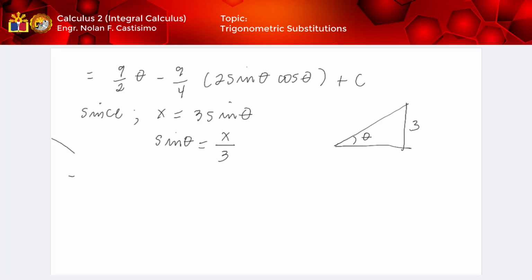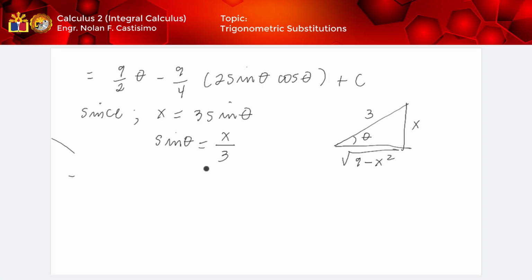Wait, mali. So, sa ating sine theta, ang x natin is yung opposite ng ating angle. So, andito yung x. And ang ating hypotenuse ay si 3. So, what is our adjacent? So, yung nasa given, wherein ang adjacent natin ay square root of 9 minus x square. Okay? So, yan yung mga nasa given, okay?